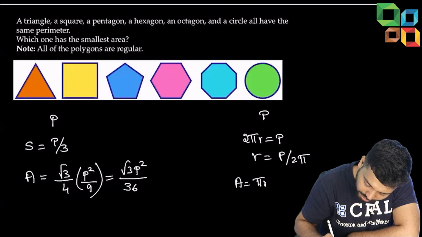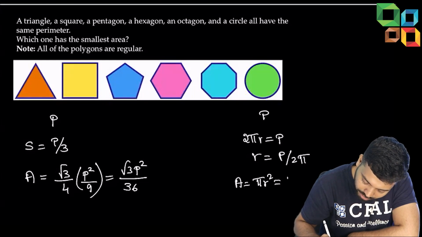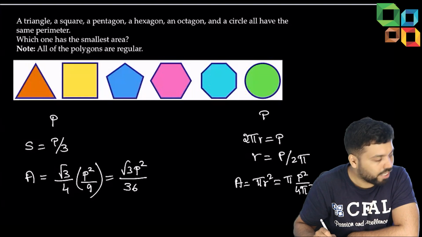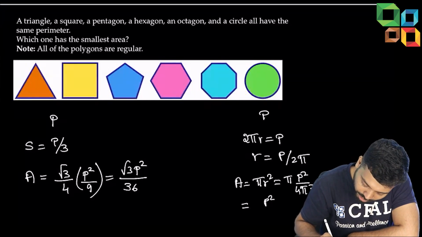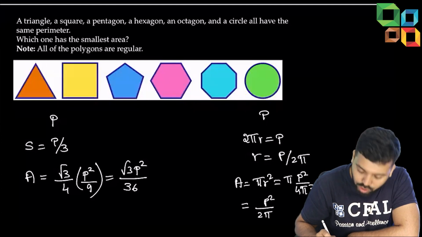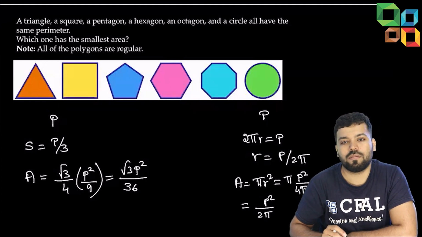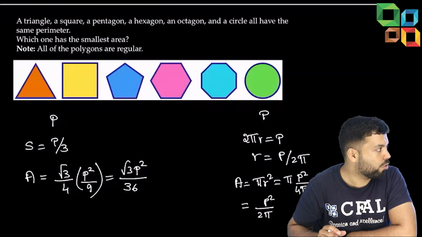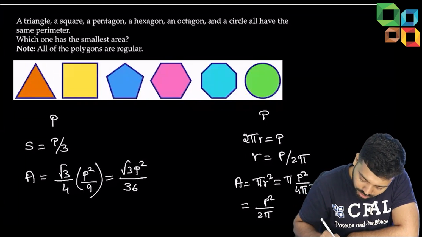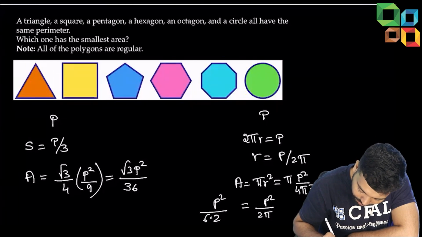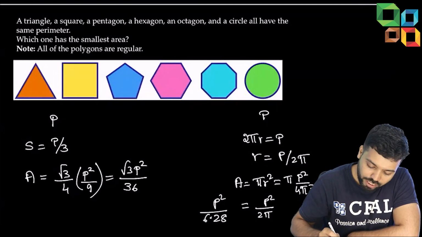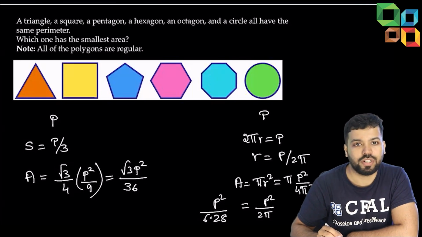Pi r square, which is pi into P square by 4 pi square, which is the same as P square by 4 pi. How much is approximately 4 pi? 4 into 3.14, so this is also the same as P square by 12.56. So the area of the circle is P square by 4 pi.